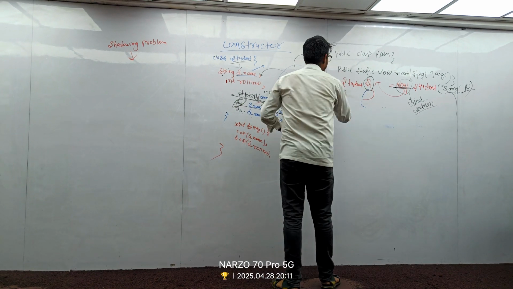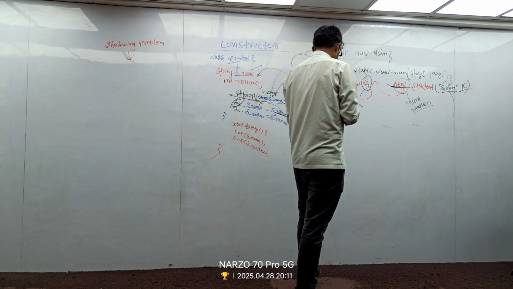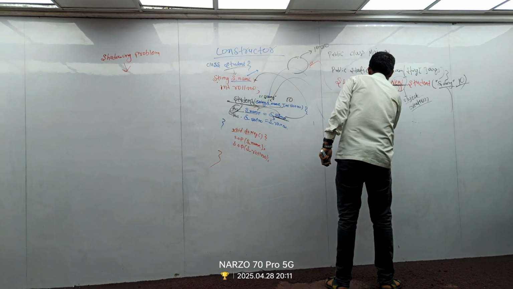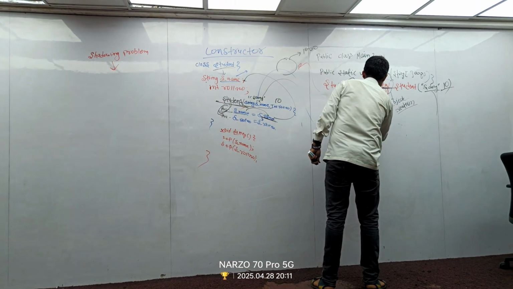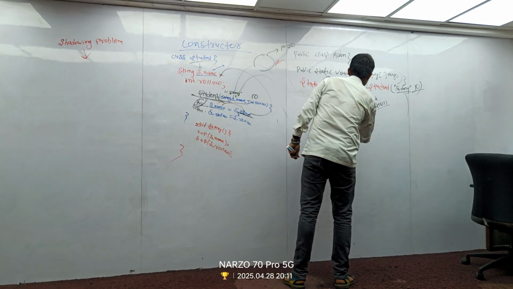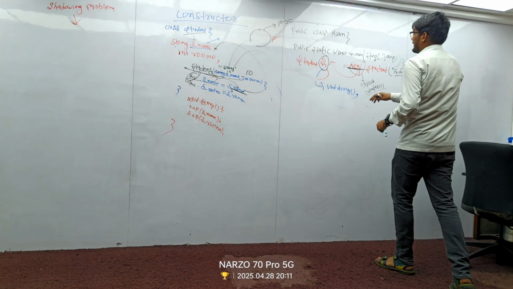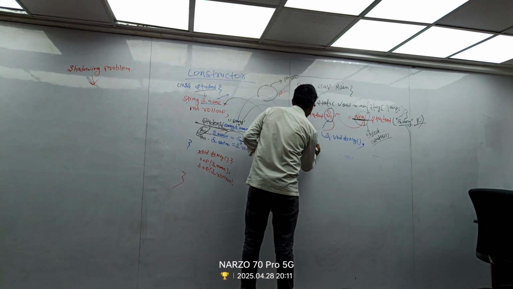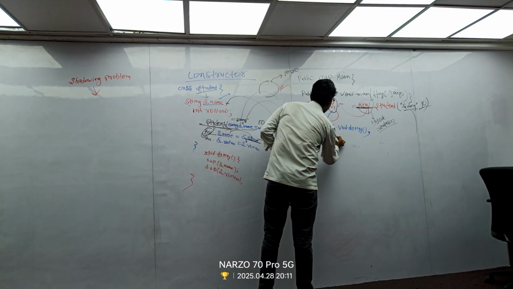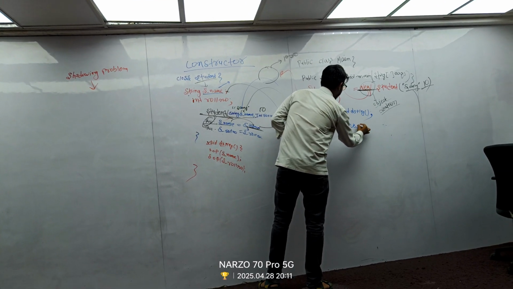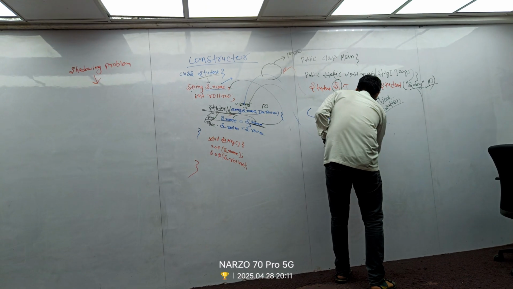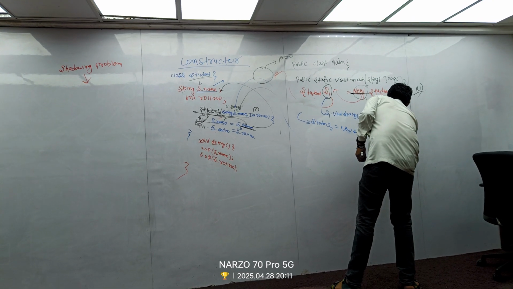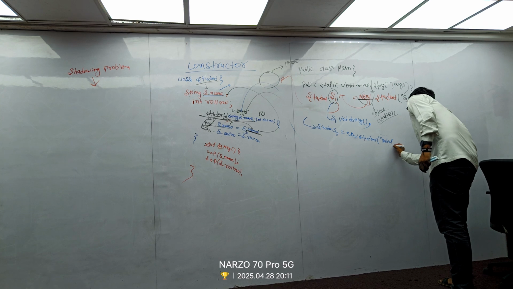So after that, s1.display() for the first object created. Then we write another object: Student s2 equal to new Student, where we initialize the values Rahul and a roll number.